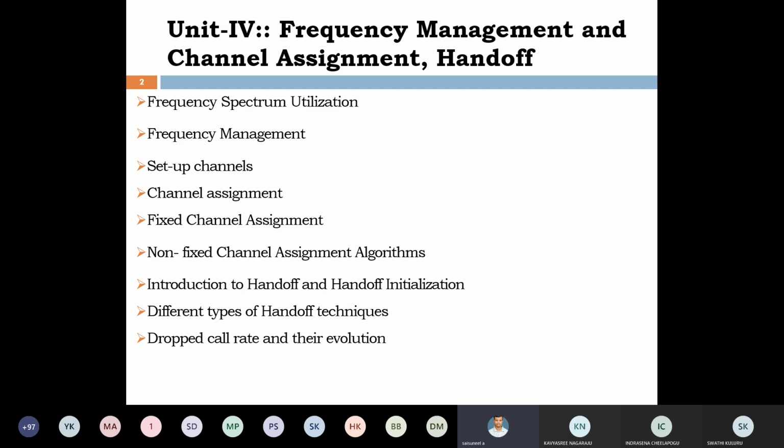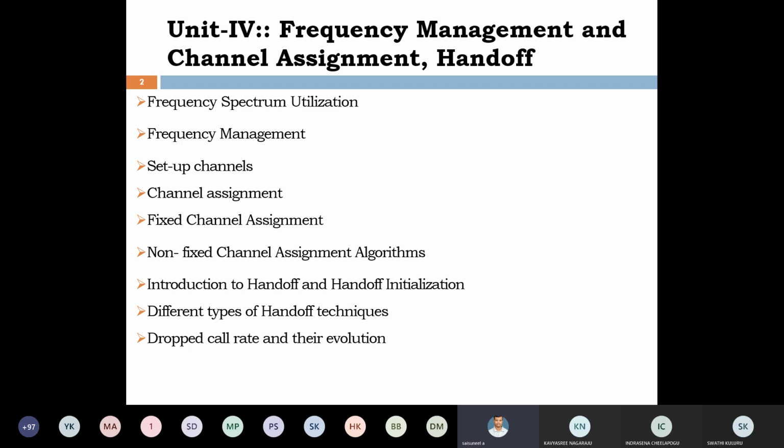Once we have given the numbering, how to allot the channels to the users or a particular base station, that is channel assignment. For this, there are two techniques: fixed channel assignment and non-fixed channel assignment. We discussed this in the first part of Unit 4.